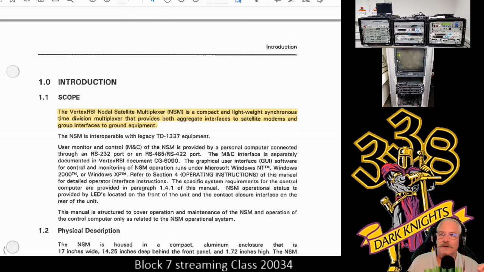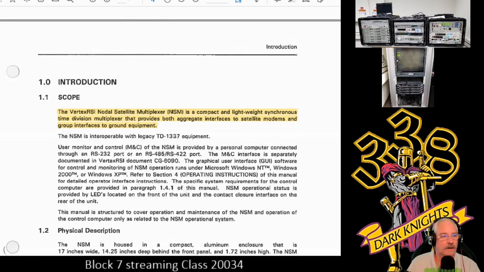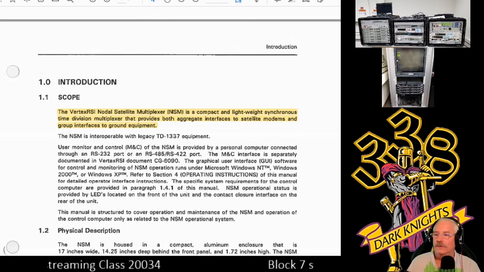This is the introduction. This tells you a little bit about it. Lightweight synchronous time division multiplexer. Heard that term before. It provides both aggregate interfaces to satellite modems and group interfaces to ground equipment. So it is the go-between for the modem and the ground equipment.